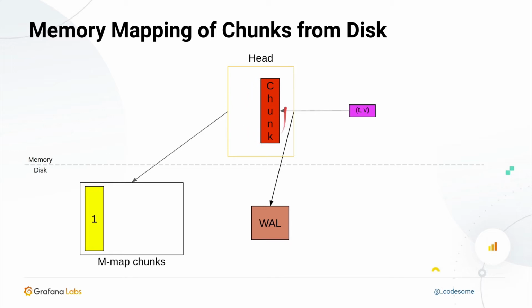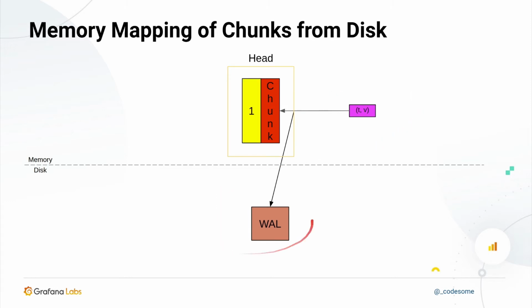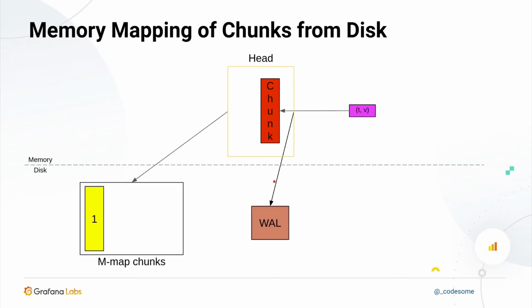Similarly, as and when we are cutting the chunk here, the new chunk, there is a second chunk incoming, immediately we flush it to the disk. If you observe the write ahead log carefully, it grows. Once it's flushed to the disk, the write ahead log is not truncated, it grows. I will explain why this happens in a moment.